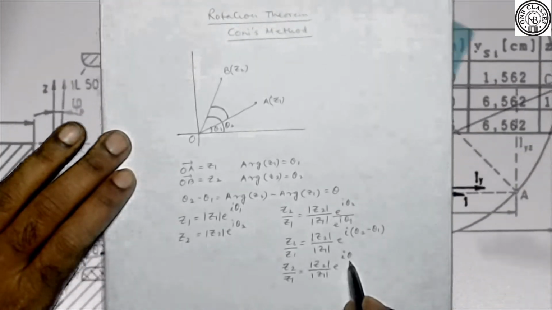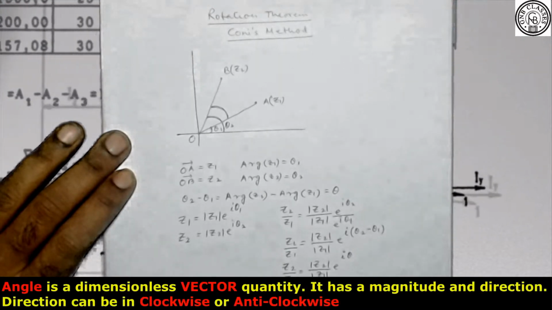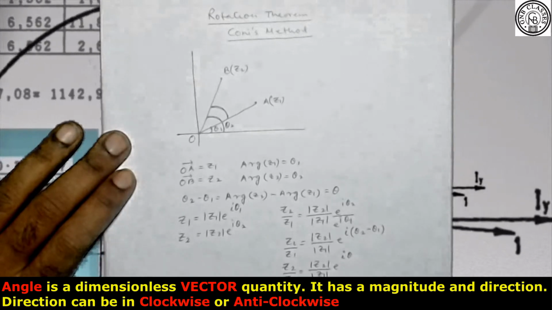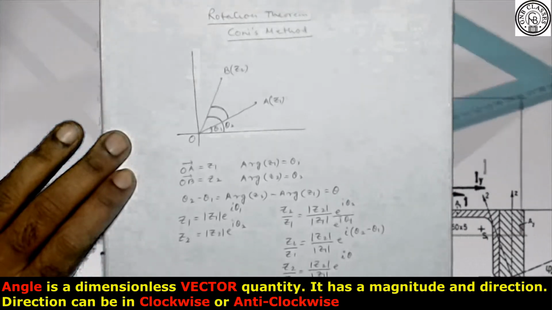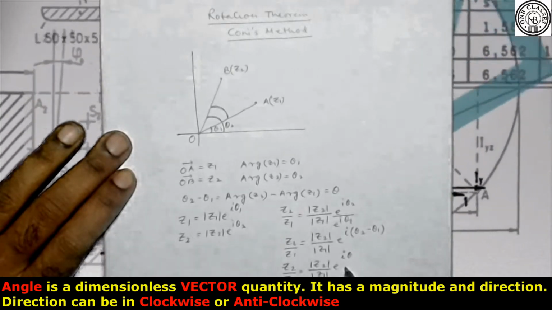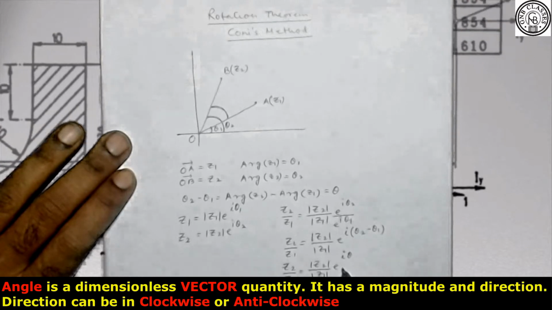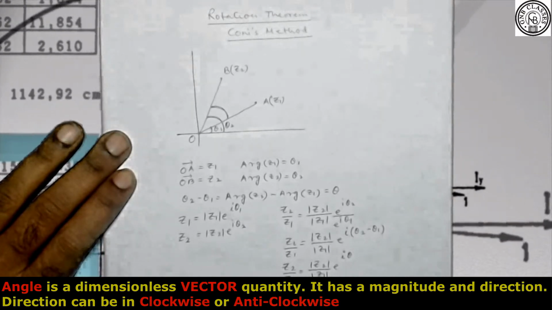Now observe one thing about this theta. Always remember, angle is a vector quantity. It's a dimensionless vector quantity. It's not a scalar one. So it has a direction, as we measure angle in clockwise and anti-clockwise directions. It has a magnitude as well as a direction.